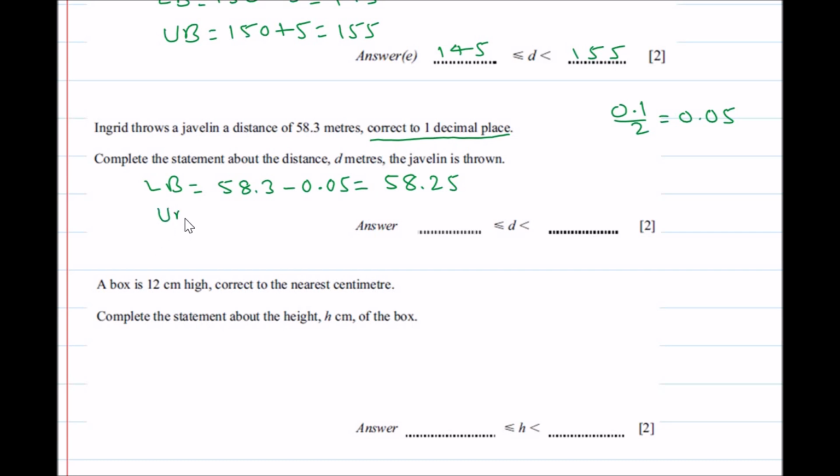And upper bound is 58.3 plus 0.05, that is 58.35. So the answer will be 58.25 and 58.35. Done.